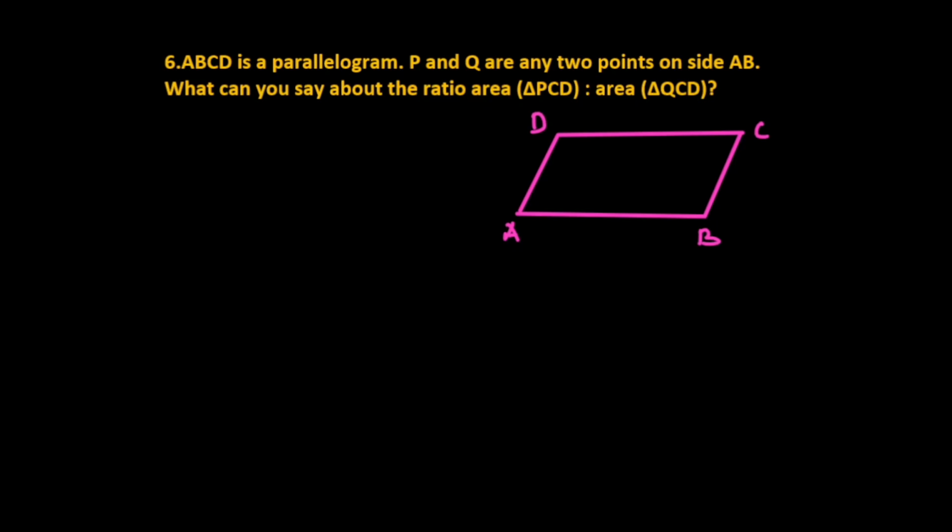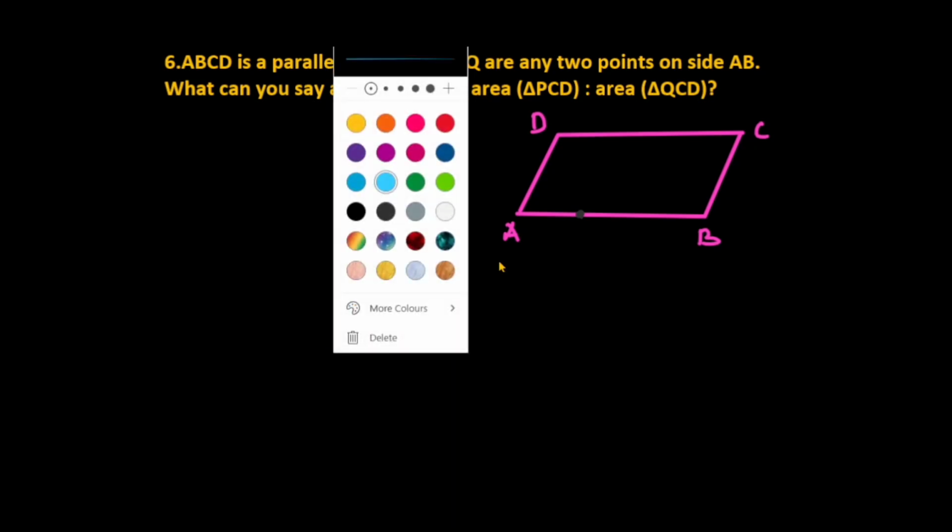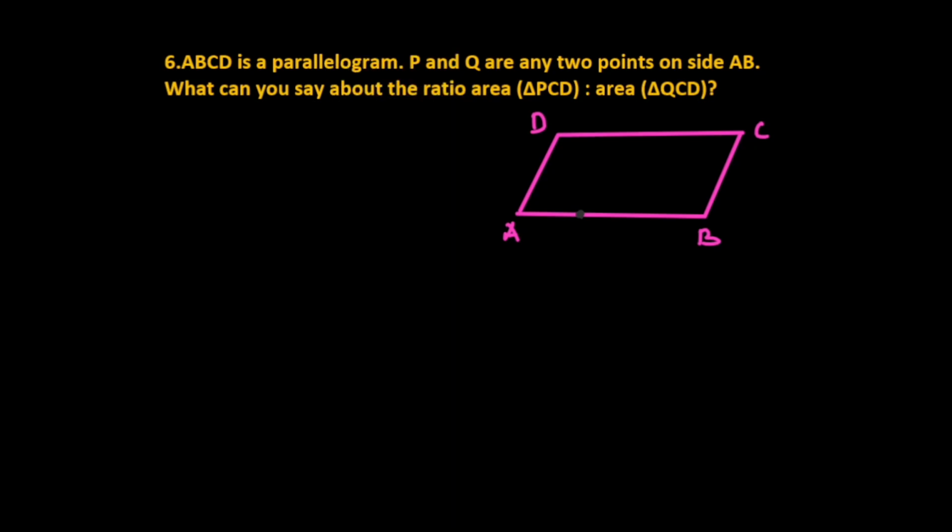P and Q are any 2 points on side AB, so we are going to take 2 points P and Q. These are the 2 points.